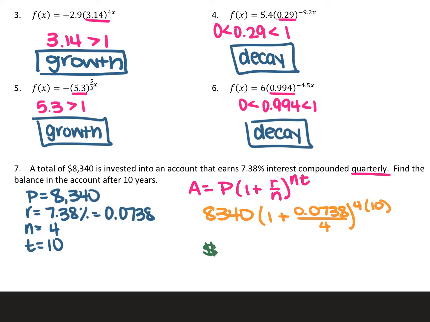Because like I said, you're dealing with money. If you don't round to 2 decimal places, you're going to get points taken off. So make sure that you're aware with these interest questions, you're working with money, so you're rounding to 2 decimal places. It should be automatic. So if you plug this into your calculator and round to 2 decimal places, you get $17,328.24.